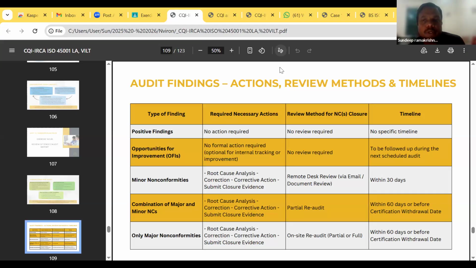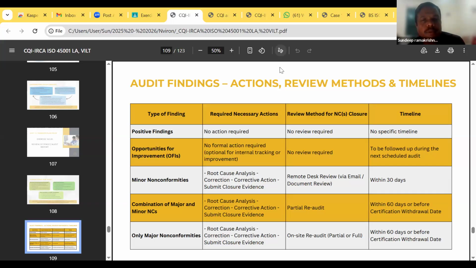There is no review required. You can follow up in the upcoming surveillance audit, next scheduled audit. You can check whether they have acted on it. Even if they have not acted on it, there is not much which is needed to be done, right?